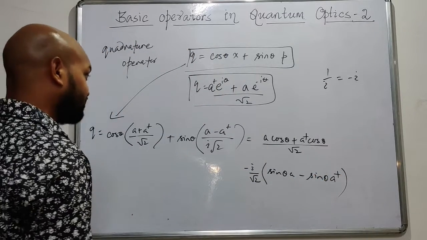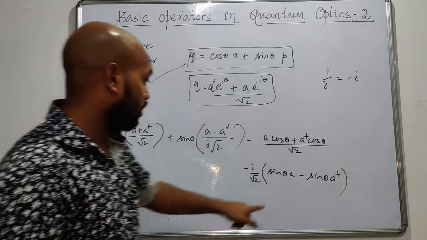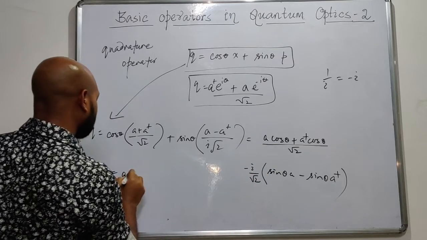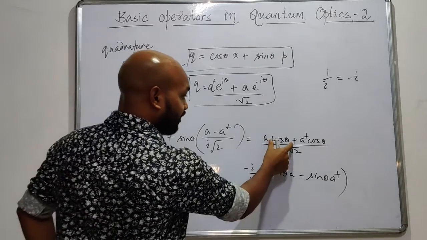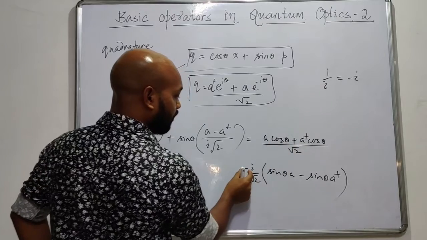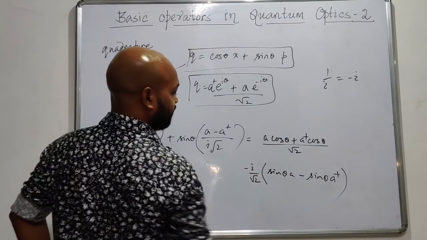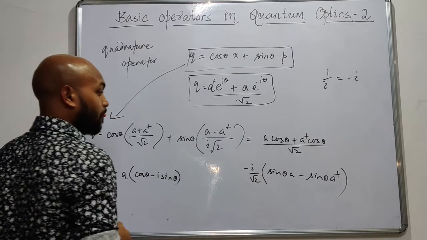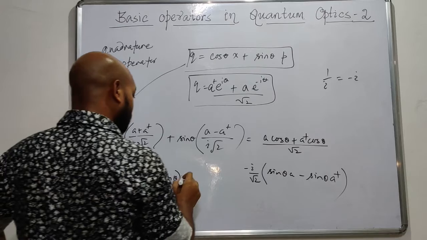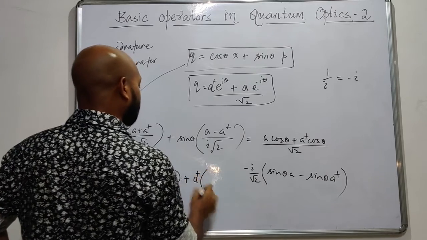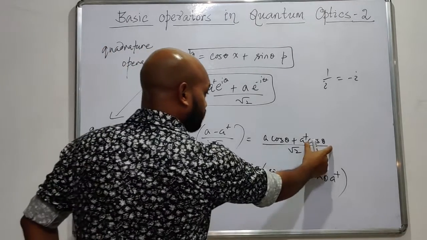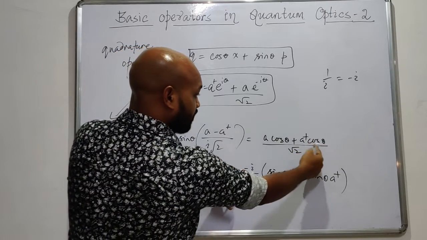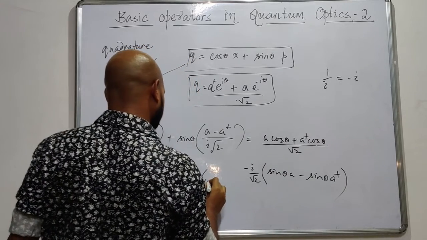Alright, now I can see if I take A common, then it's cos theta minus i sin theta. And if I take A dagger common, then it's cos theta, and this minus and this minus make it a plus, so it becomes cos theta plus i sin theta.